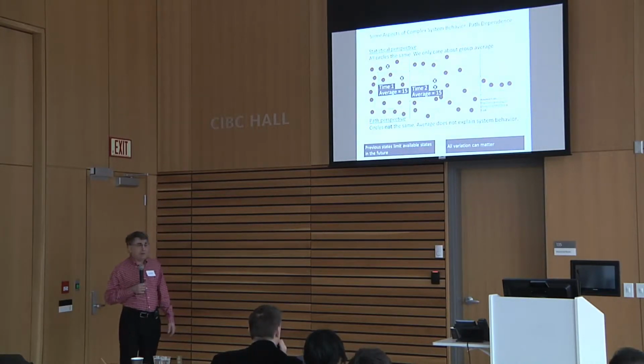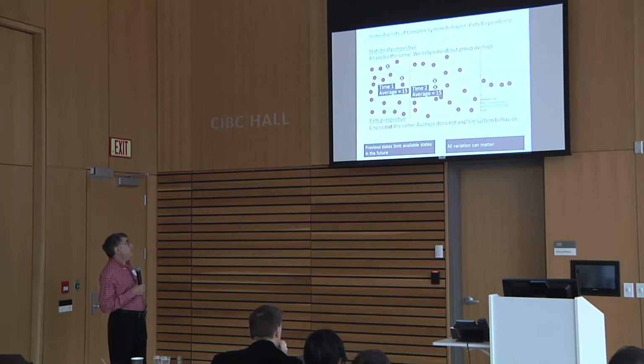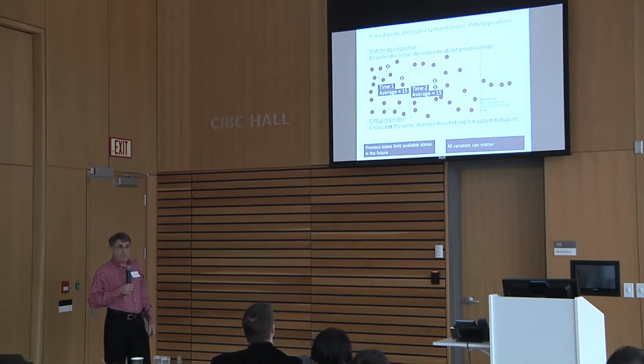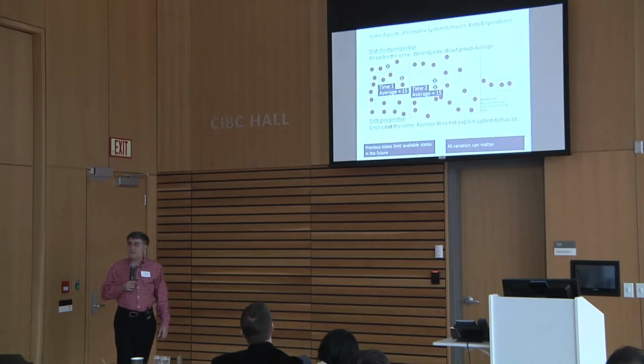It doesn't matter, okay. Well, at time 1 the average is 15, and at time 2 the average is 15, and if you took a statistical view of this, you would say, I don't care about any of those red dots, right? All I care about is that the average is 15, right?